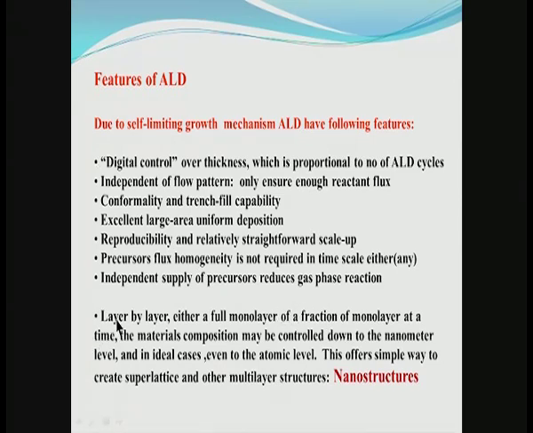So, ALD therefore provides layer by layer growth, either a full monolayer or a fraction of a monolayer, generally a fraction of a monolayer at a time, and material composition may be controlled down to the nanometer level, and in ideal cases even to the atomic level, that is, one single layer it is possible to obtain of a given material using the ALD process. So, this offers a simple way to create superlattice and other multilayer structures, or so called nanostructures and nanolaminates.